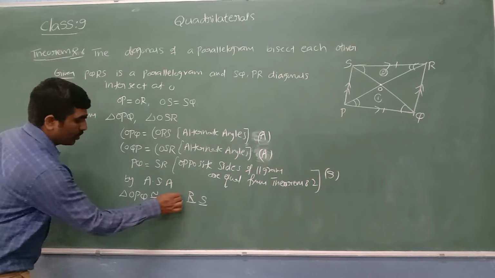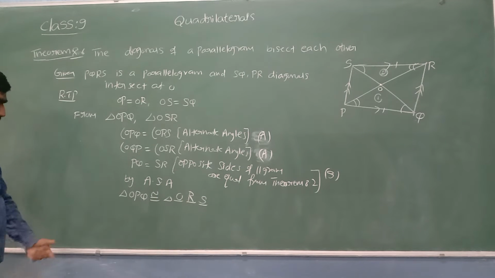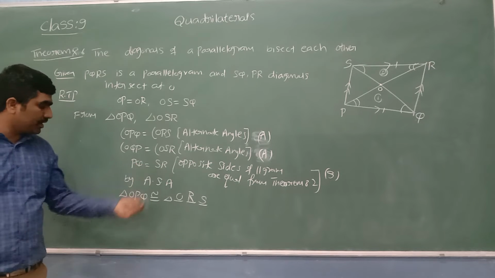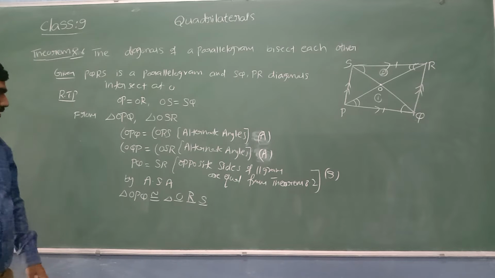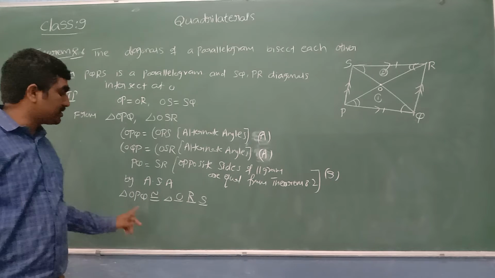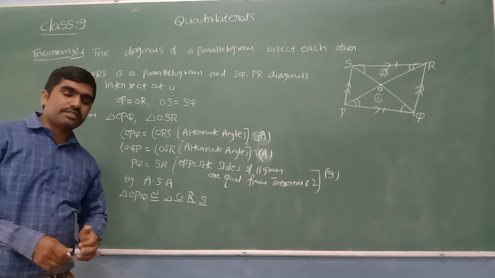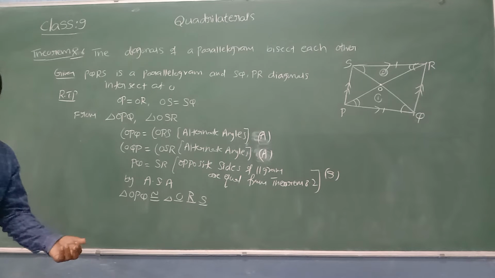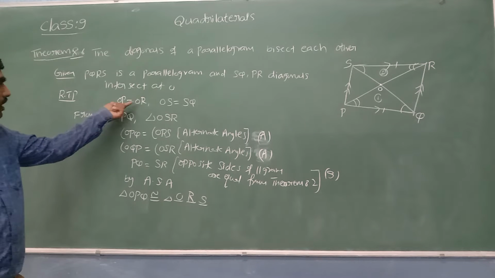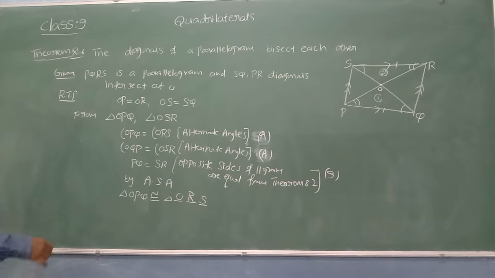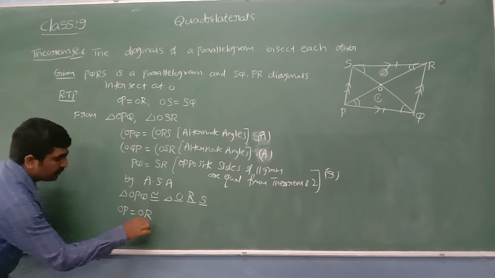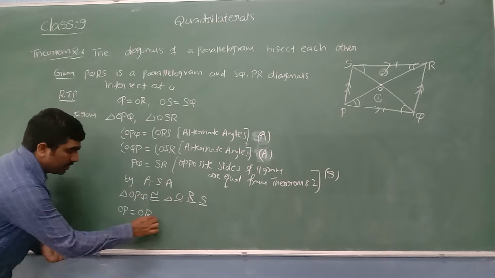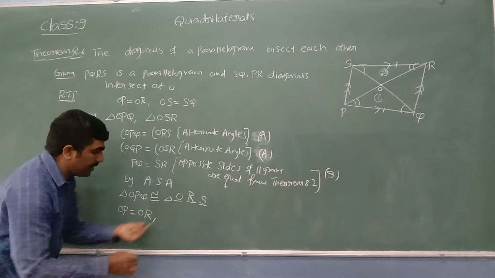PQ is equal to SR. Both triangles are congruent. Once the two triangles are congruent, by CPCT we can take corresponding sides equal, corresponding angles equal. Here I want two sides equal, so let me write corresponding sides. OP is equal to OR. First two. Then let me take PQ is equal to RS.